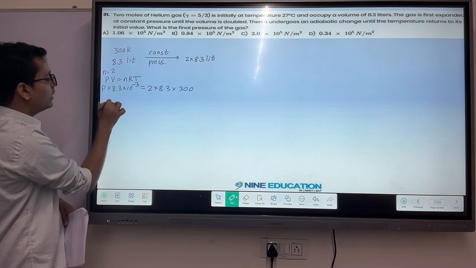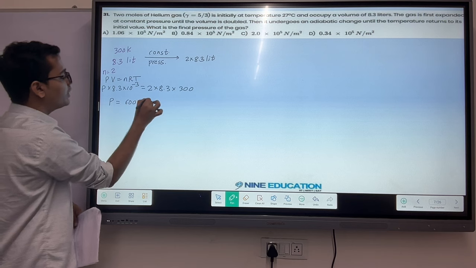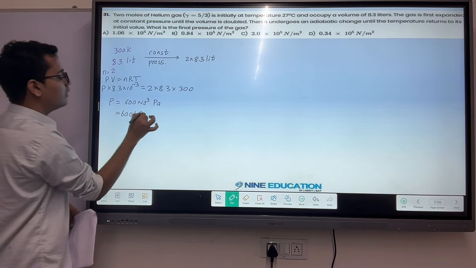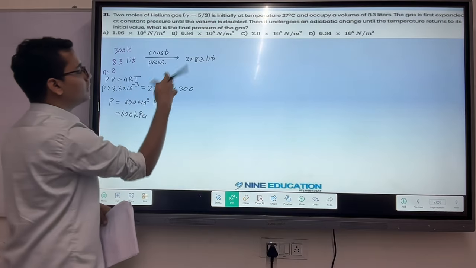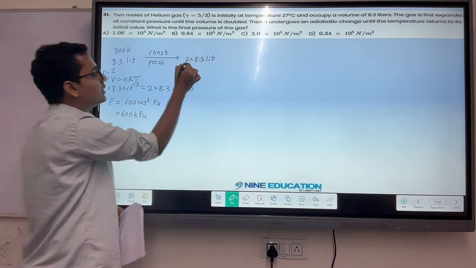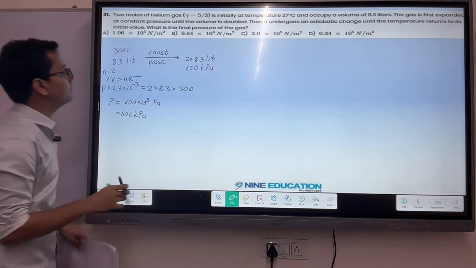If you see here, you will get pressure as 600 into 10 power 3 Pascal, which is nothing but 600 kilopascal. So here also pressure was 600 kilopascal, here also it must be 600 kilopascal only.